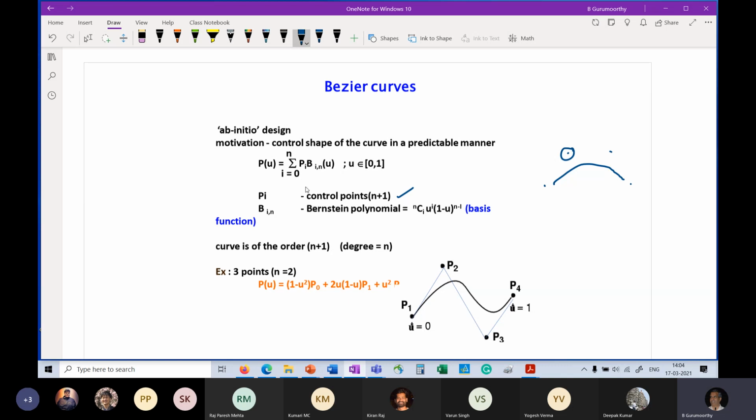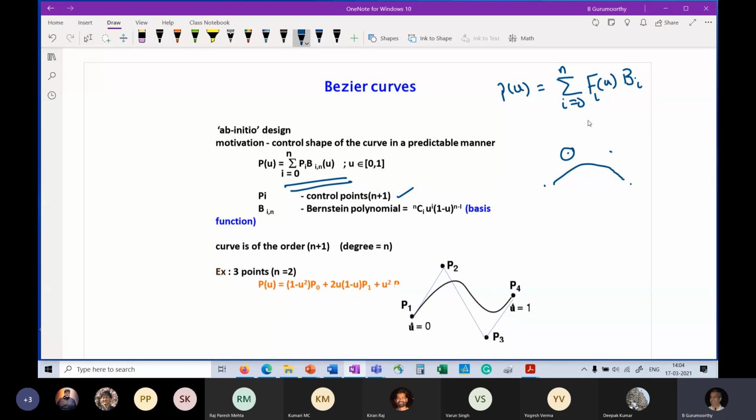And the other thing that I would like you to remember is the similarity of this form, right, with the form of the parametric cubic curve we studied, which also had the same form in some sense, where I had some functions or polynomials in U and some things that the user would prescribe.